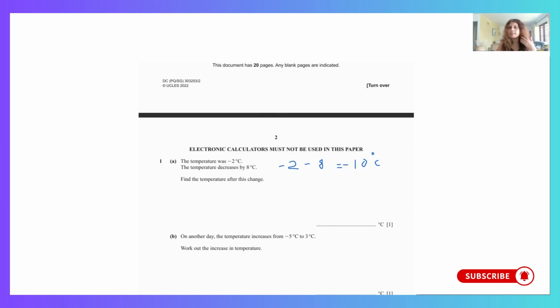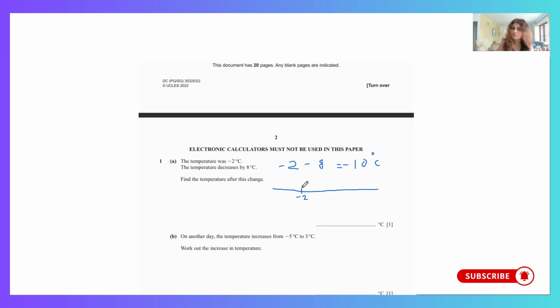The other way is you can get the answer by drawing a number line. Think that -2 is here, and the temperature dropped down from -2. That means we should go further to the negative side. If it is increasing, we have to move to the positive side, but here the temperature gets down, so we go to the negative side.